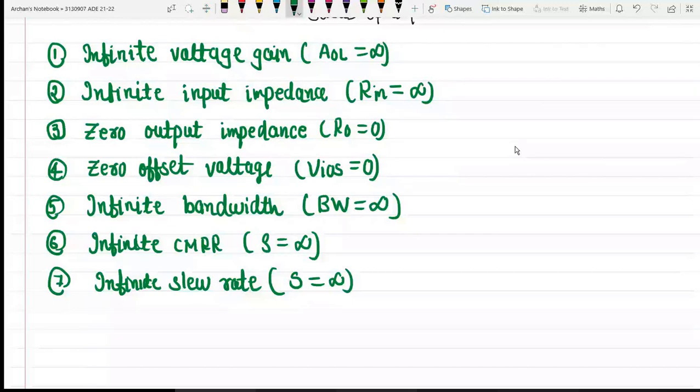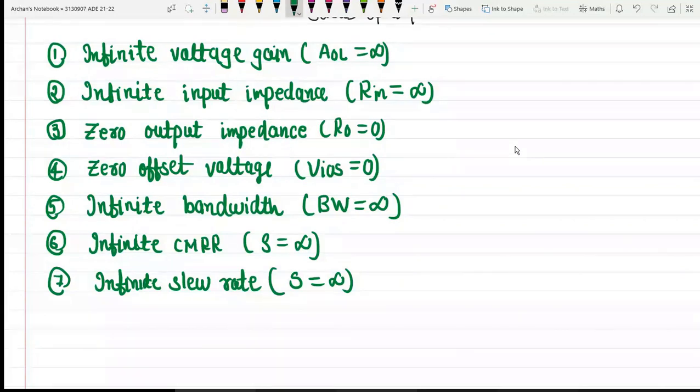If the output does not change at the same rate as the input, then distortion occurs in the output, and such distortion is definitely not desirable. So when we have infinite slew rate, it indicates that the output changes simultaneously with the changes in the input voltage.